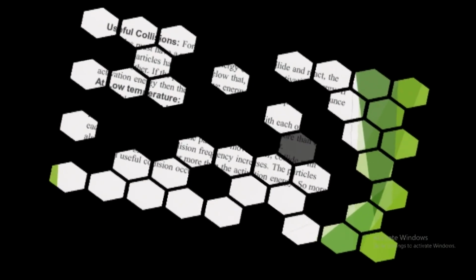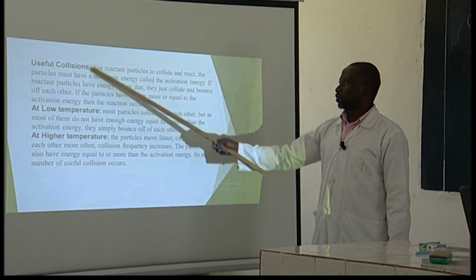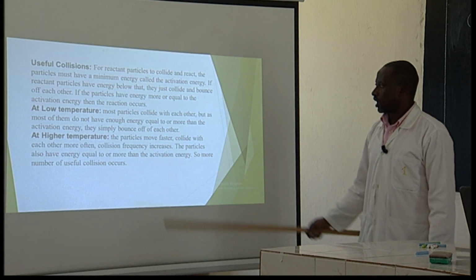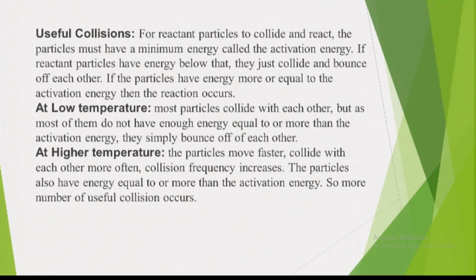We are still looking at successful collisions, which are the same as useful collisions. At low temperatures, most particles will collide with each other, but most of them may not have enough energy.